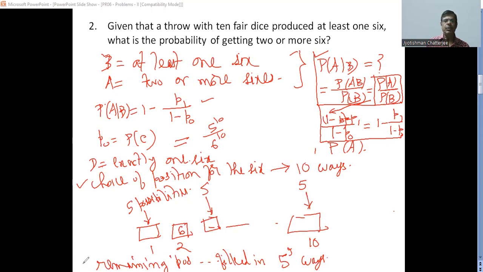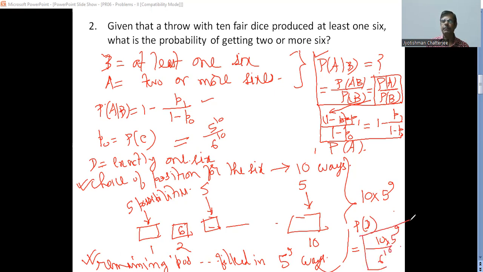Combining these two, how many total ways are there? 10 multiplied by 5 to the power 9. And we know already the sample space size is 6 to the power 10. So probability of D is equal to 10 into 5 to the power 9 by 6 to the power 10.